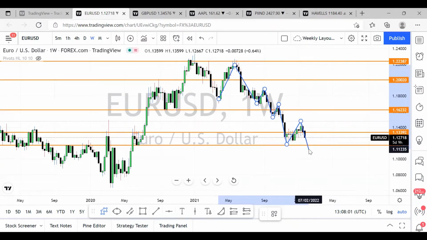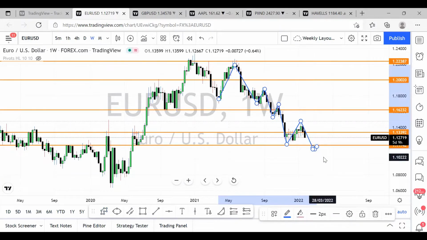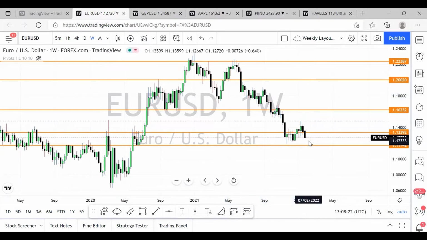Now it's looking like it's going to go further down into this particular zone. So before you take any further advice or any further entry, make sure that these zones are violated, otherwise it's not going to make sense to you, as in where do you enter? Are you going to enter just blindly? So this is on the weekly.